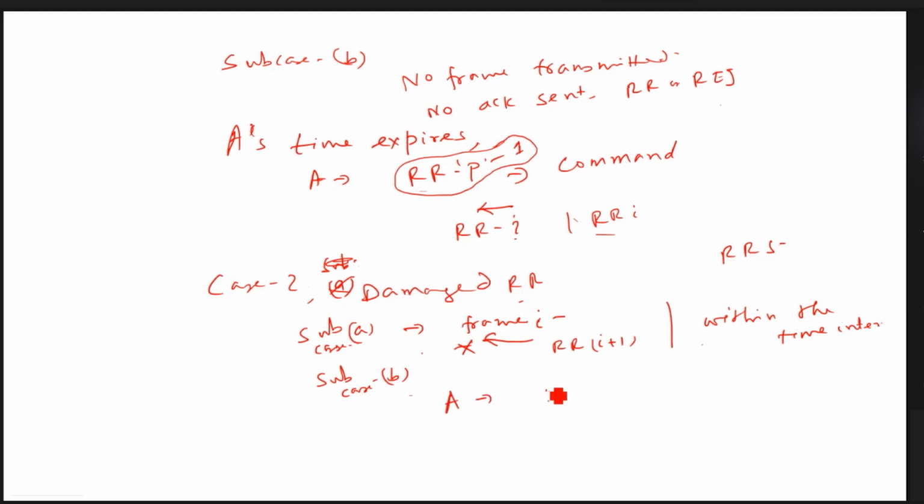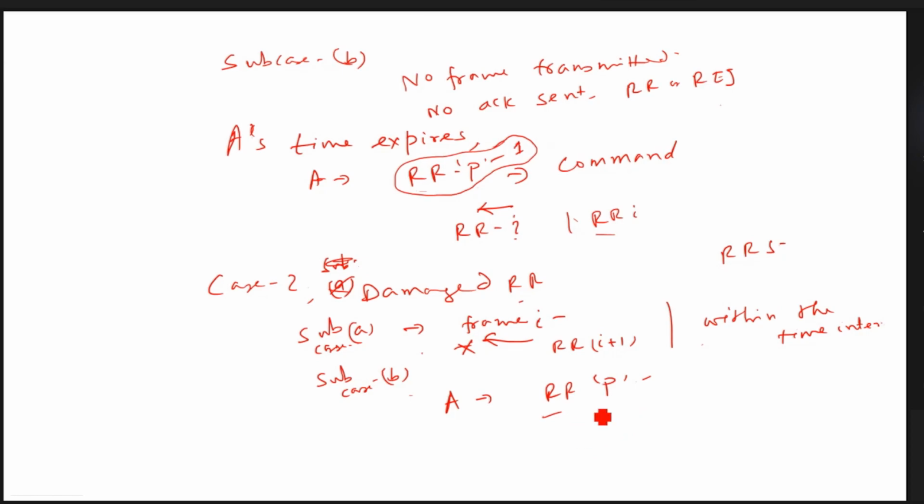A will transmit RR with the P bit set to 1, and the timer will start. That is a command frame, so B must respond to it. If B fails to respond to this command frame, then A will repeat this RR P frame, the command frame will be repeated, and the timer restarted.